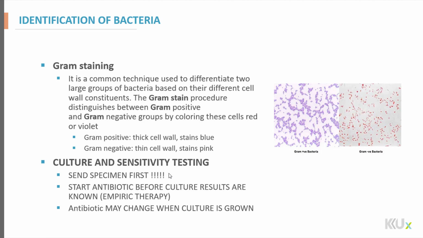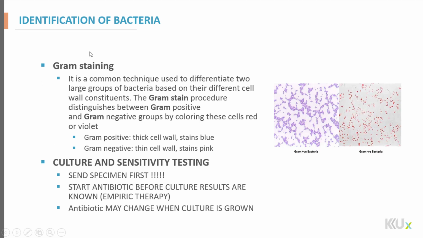So first we take the specimen from the patient, and we usually start antibiotic before culture results are out, and this is what we call empirical therapy, because antibiotic can alter the bacteria in the specimen. And then later on we will identify the bacteria and sensitivity, and we can change the antibiotic accordingly.